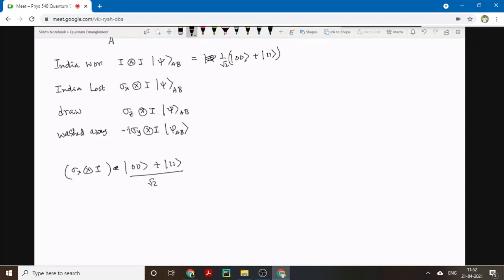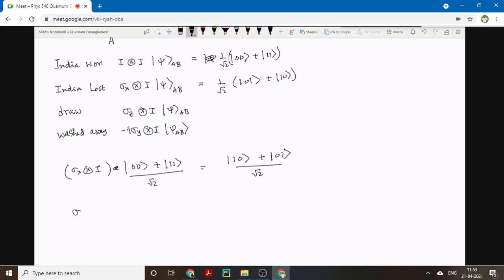That means this will be 10 plus 01 by root 2, so this will become 1 by root 2 times (01 plus 10).